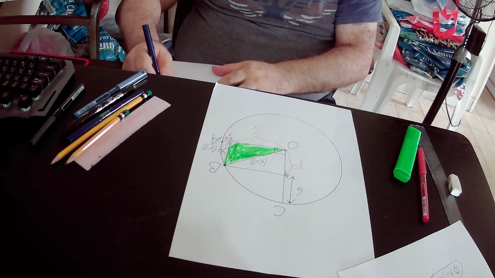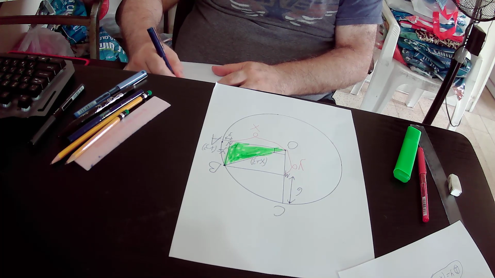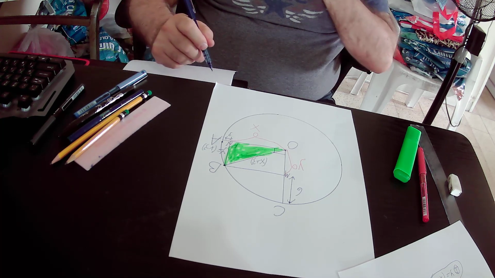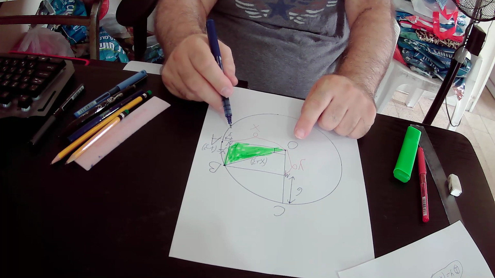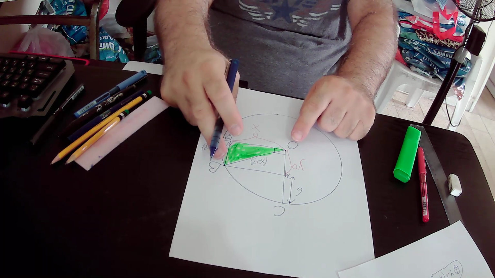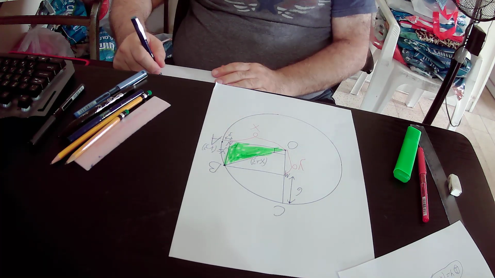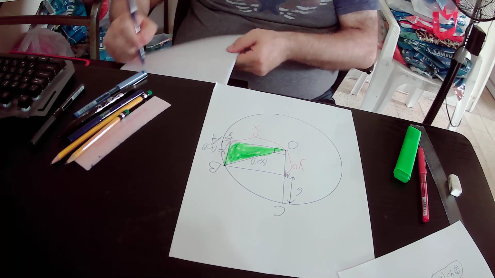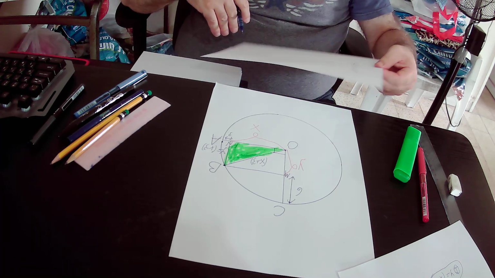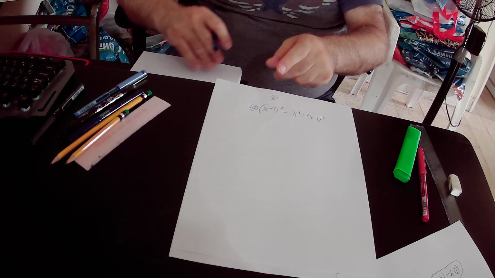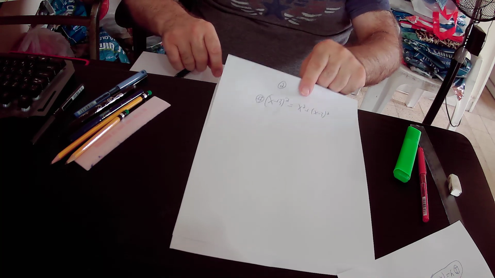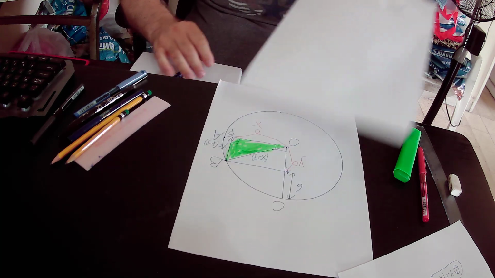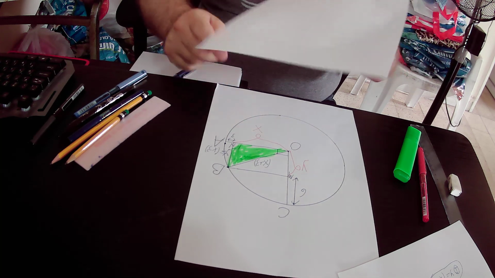So our second equation will be x plus 3 squared equals the sum of the squares of the perpendiculars, x squared plus x minus 3 squared.